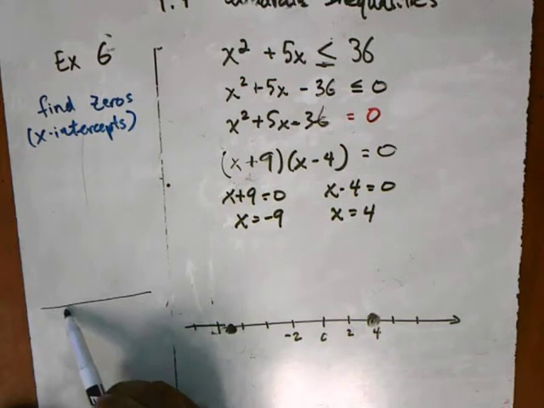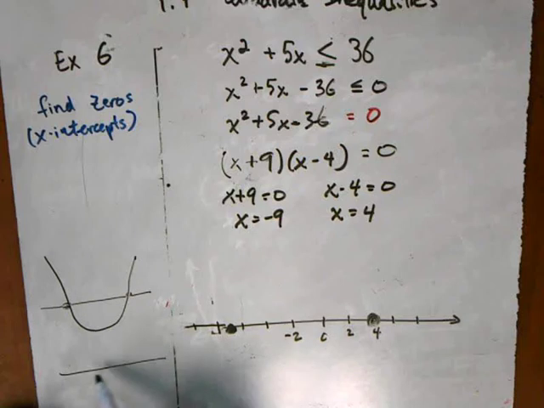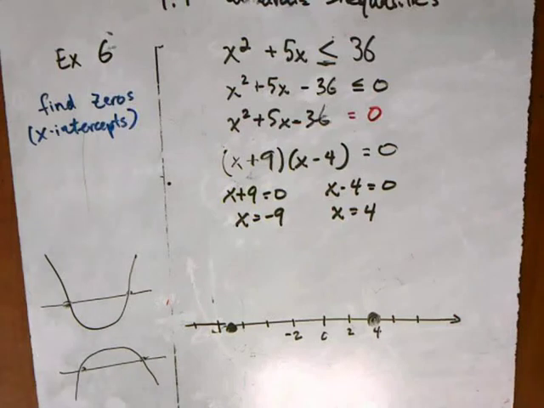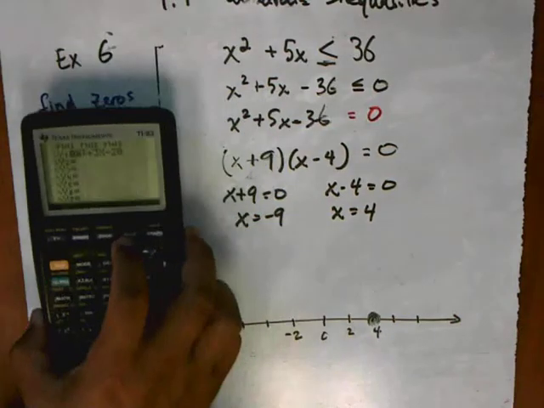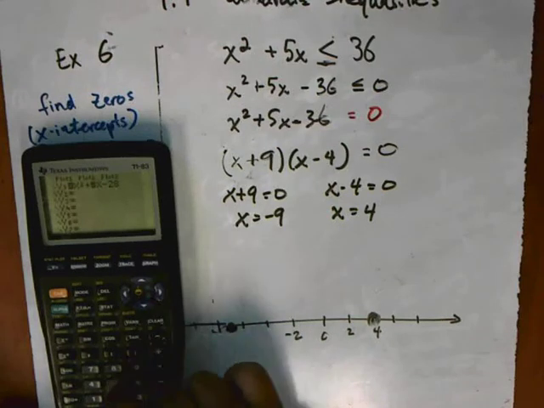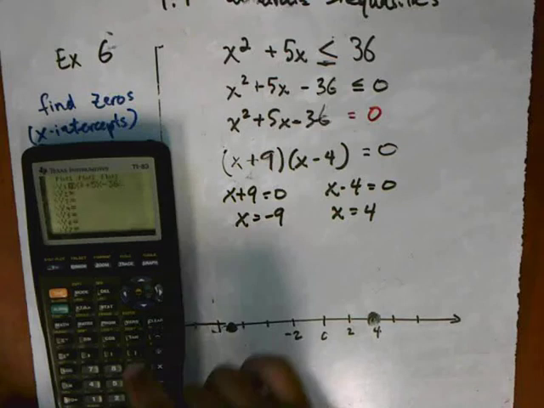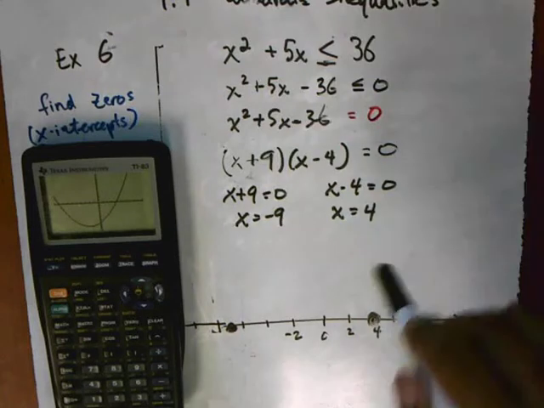The graph could go like this, or the graph could go like this. And I don't really know for sure yet, so having a graphing calculator with me is going to be a big help. So I'm going to graph this x squared plus 5x minus 36. Hit the graph button. And you can see there that the graph actually goes downwards.